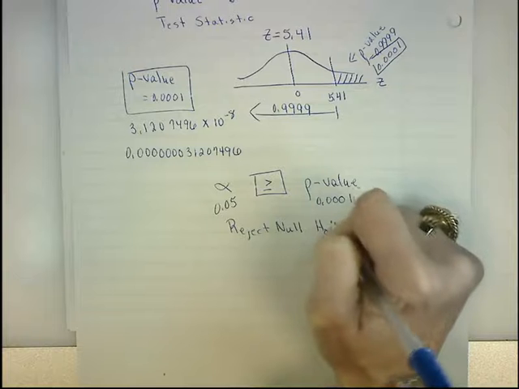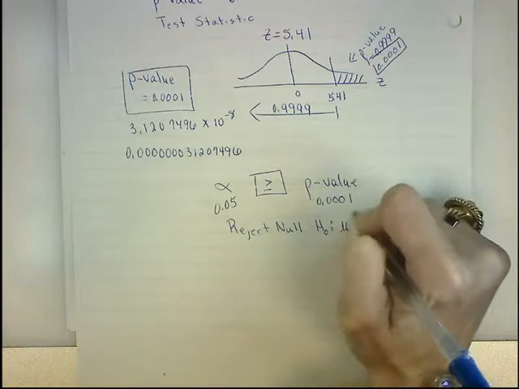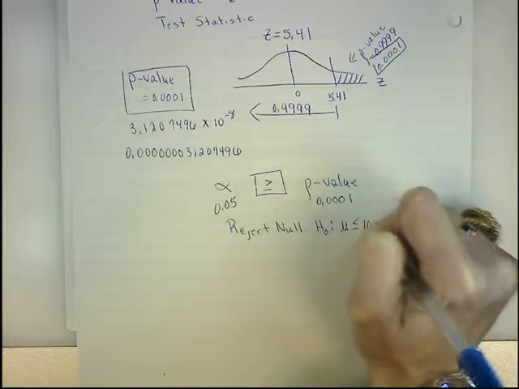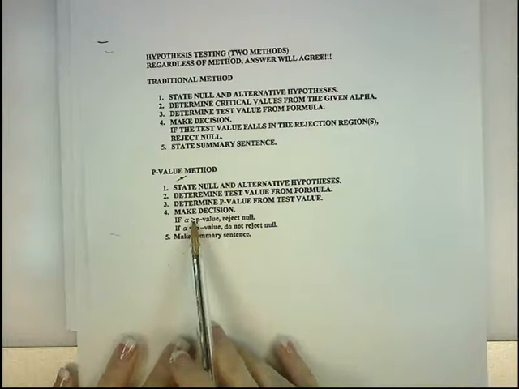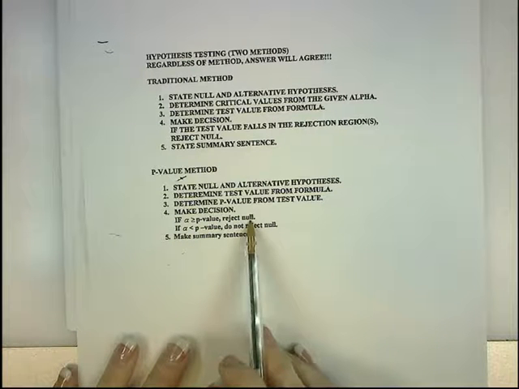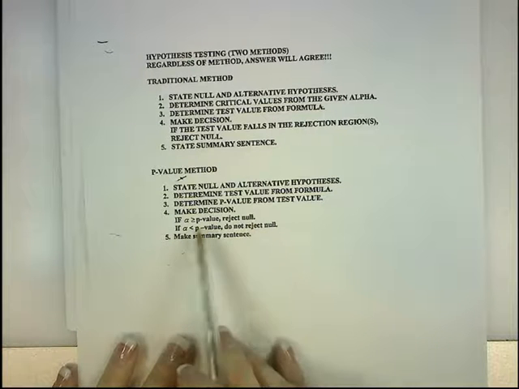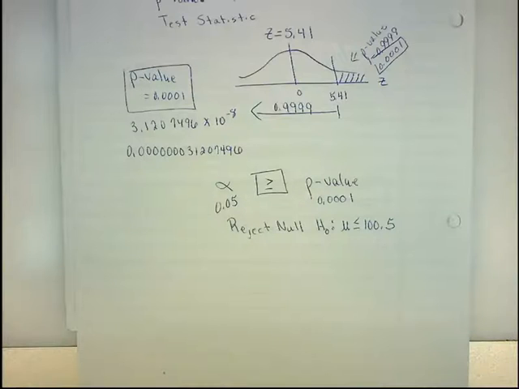And the null statement was our claim that mu is at most 100.5. So therefore we have the same decision and we have the same summary statement. If alpha is larger than the p-value, reject the null statement. That's where that's coming from. So you would need to compare those.